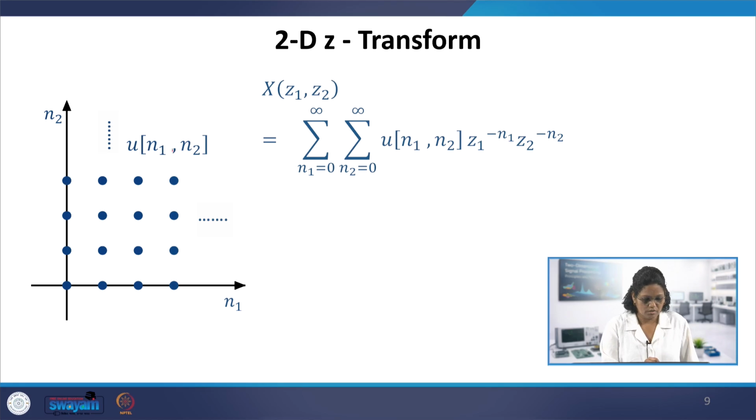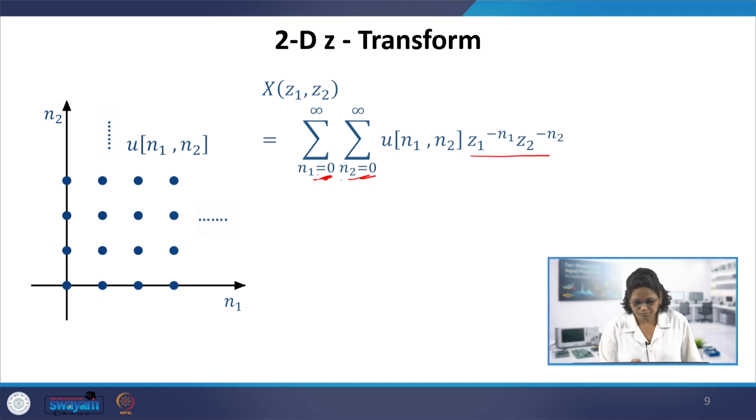So this is the sequence for which we compute the Z transform. So X of z1 comma z2, that is the 2D Z transform, where the limits of n1 and n2 have changed from minus infinity to infinity, to 0 to infinity and 0 to infinity, because the sequence exists in this first quadrant. And u of n1 comma n2 times z1 power minus n1 and z2 power minus n2.